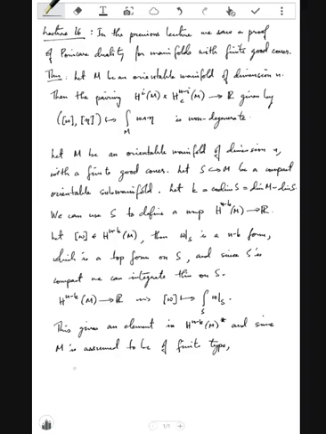And Poincare duality says that there's an isomorphism H^(n-k)(M) to H^k_c(M) dual.